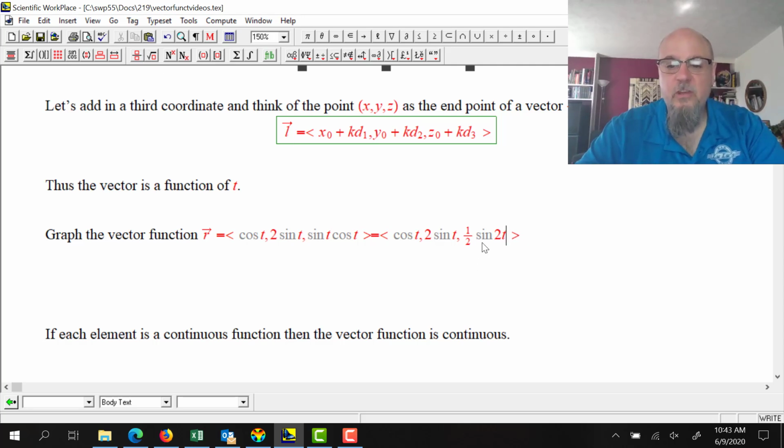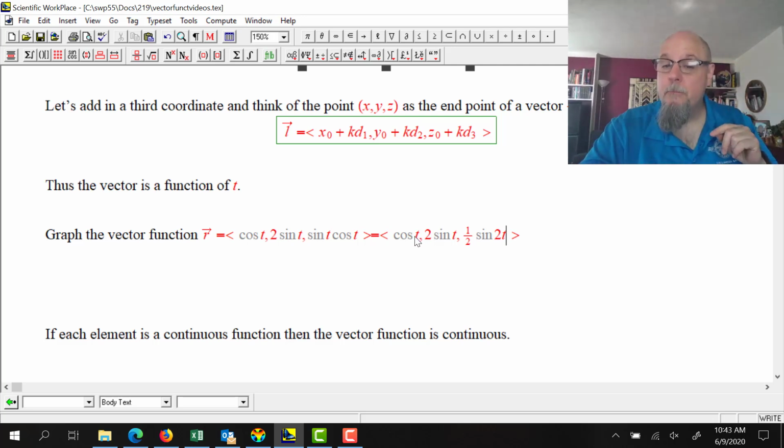Maybe this is easier to see. Yeah, the z coordinate goes up to 1/2 and down to -1/2. So this space curve is trapped in a box. The biggest x could ever be is 1. The smallest x could ever be is -1. For y, it's 2 and -2. For z, it's 1/2 and -1/2.